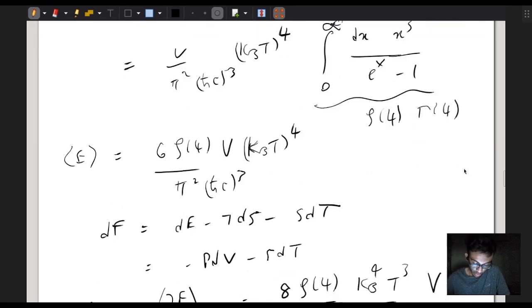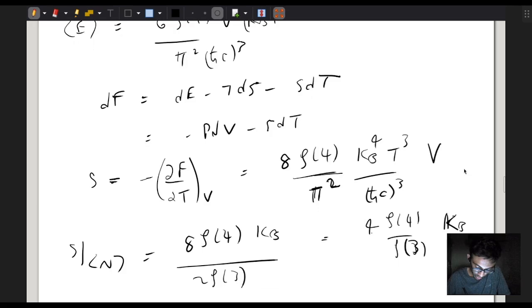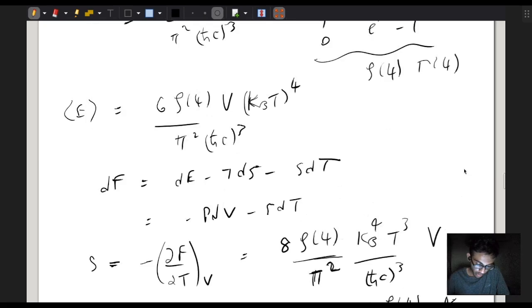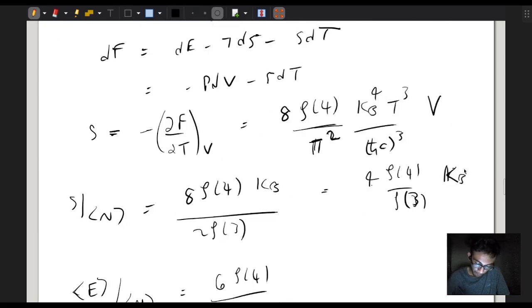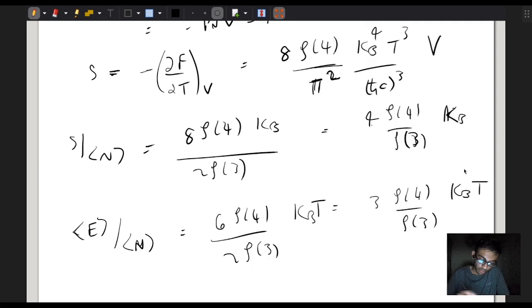So now that means this is going to be equal to 6 rho of 4 by 2 rho of 3, I think, times kBT. Yeah, so this is the energy per photon.